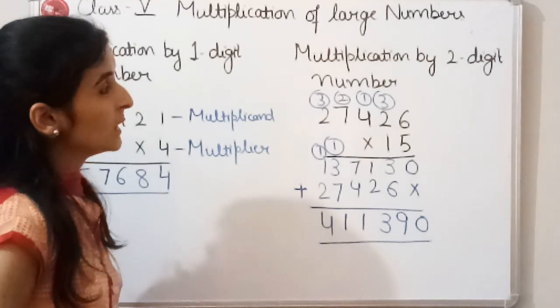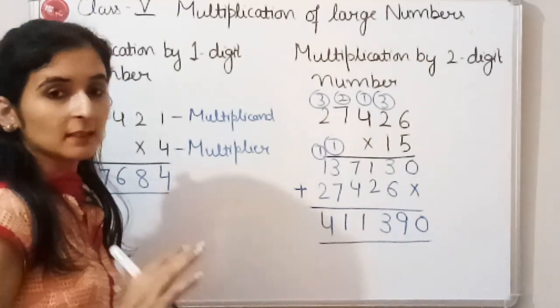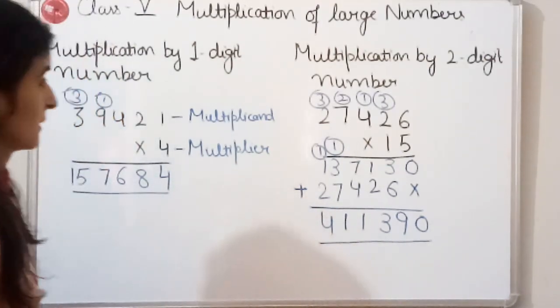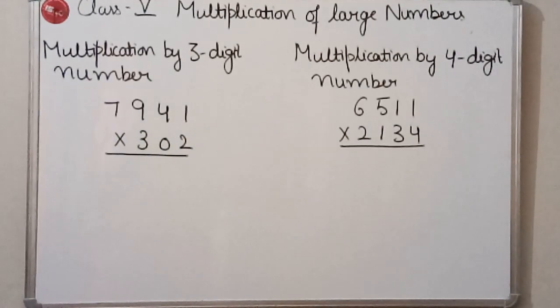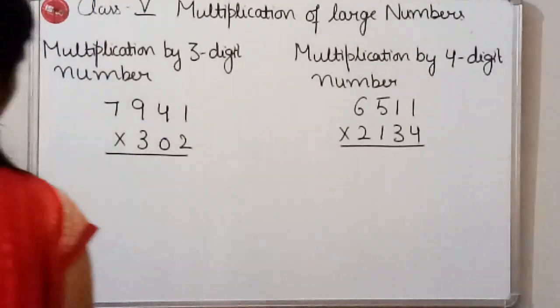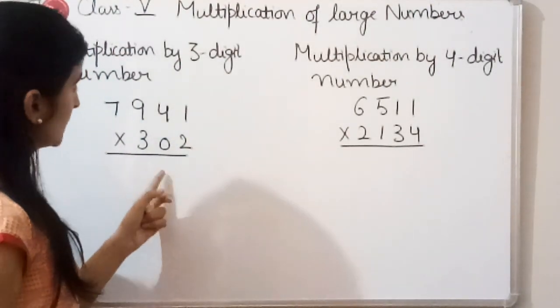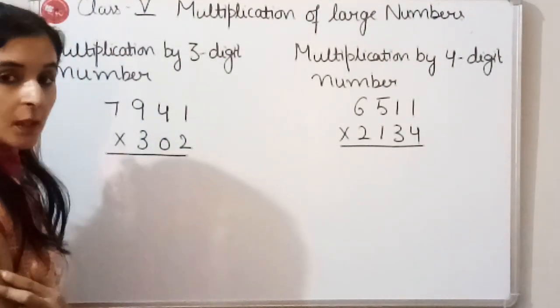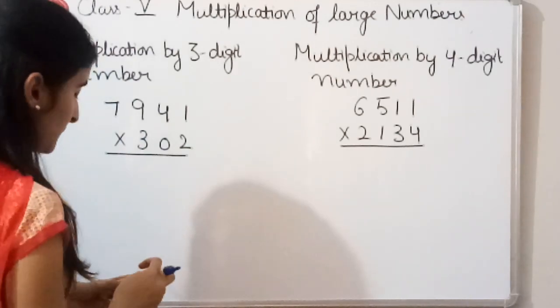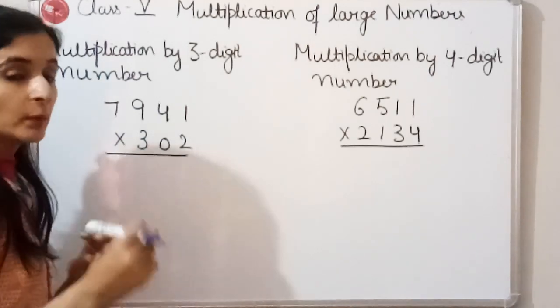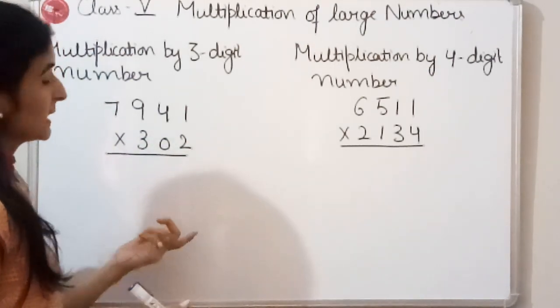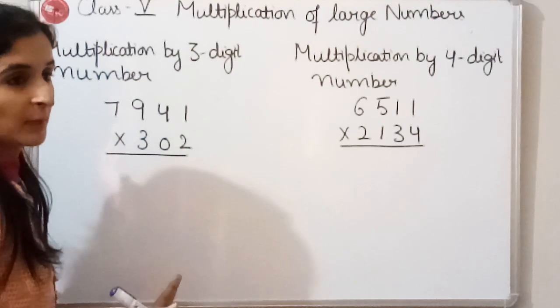Now we have to move to the multiplication by 3 and 4 digit numbers. Now let's start with multiplication by 3 digit and 4 digit number. Now here firstly we have written in the columns. Now we have to start multiplying from the right hand side, and as we have done a 2 digit multiplication, same like that we have to do 3 digit multiplication.